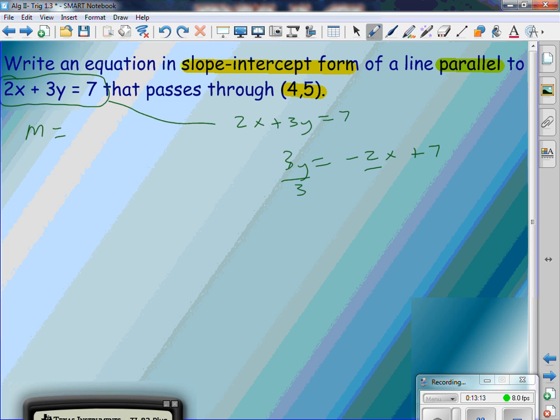Now I divide by 3 on everything. y equals negative 2/3 x plus whatever. Why do I say whatever? What do I care about? I care about this, and that is it. I care about that negative 2/3. My slope is negative 2/3. So what is my parallel slope? Negative 2/3.